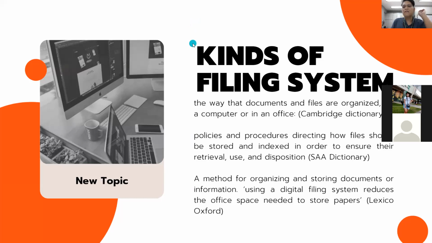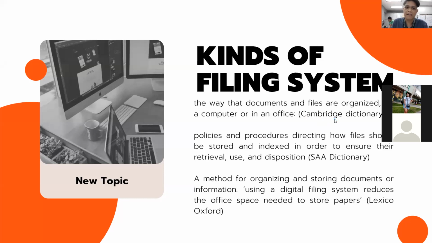Okay, let us first define by Cambridge Dictionary. It is the way that documents and files are organized on a computer or in an office. So those are documents and files that are organized. By CIA Dictionary, it states that policies or procedures directing how files should be stored and indexed in order to ensure their retrieval, use, and disposition.